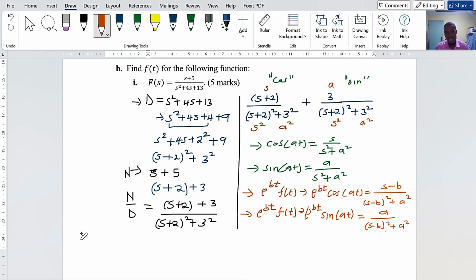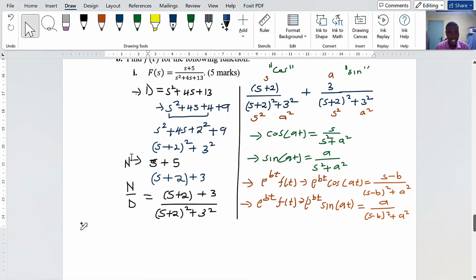So look at this and look at this. We have a plus, which means that our shift is negative. That's all.